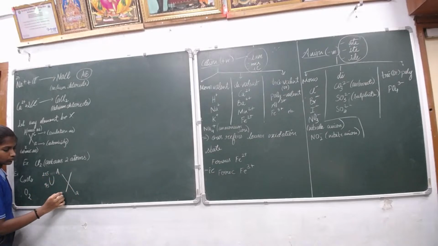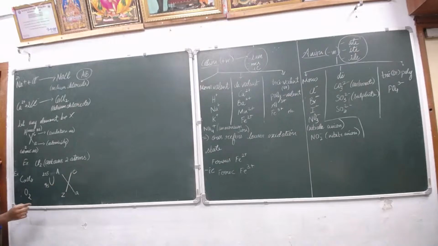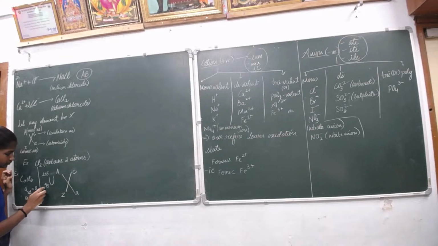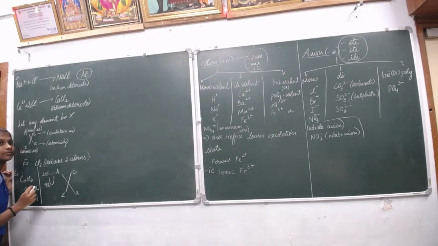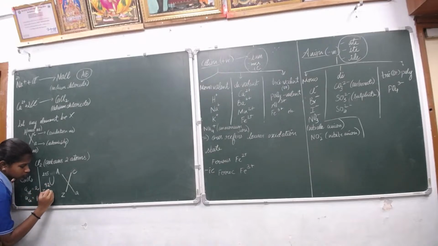Now, I am asking you, what is the atomicity of chlorine in calcium chloride? It is 2. Got it? Take down, put box. And what is the atomicity of calcium here? It is 1. Similarly, now let us consider this uranium 92, 235. What is the atomic number of uranium? It is 92. What is the atomic mass of uranium? It is 235.